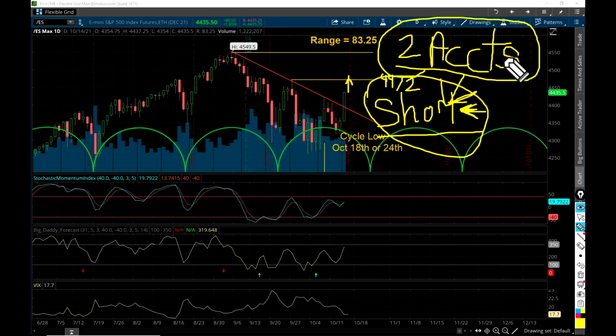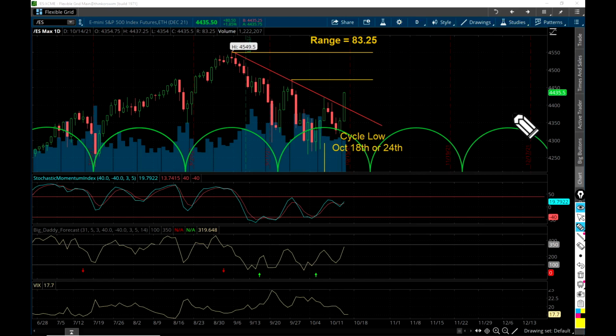Yes, I know it's not easy to fund and split up your assets, and that is one of the downsides to having assets split across different accounts. Not everybody can do that, and I get that. But one of the benefits of two accounts, guys and gals, is you can trade the opposite side. Like today, I took some long side trades while still holding a short side position.